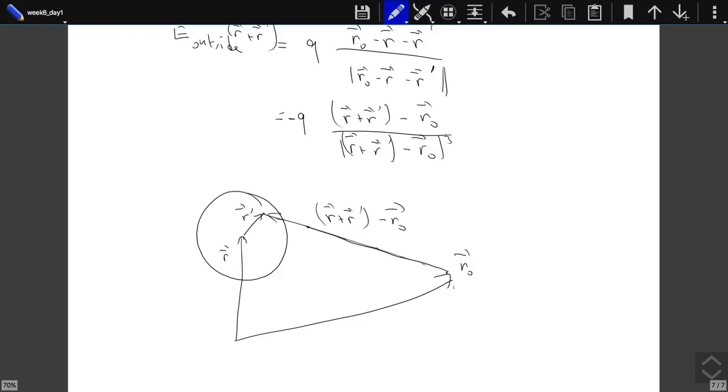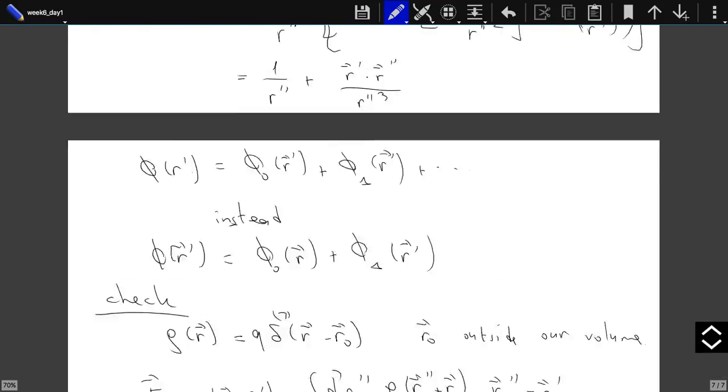Well, it is almost correct, but the minus sign is wrong. The electric field at the point r prime due to the charge at the point r0 should be in the direction of r plus r prime minus r0, not the other way around. So that is one mistake we had.